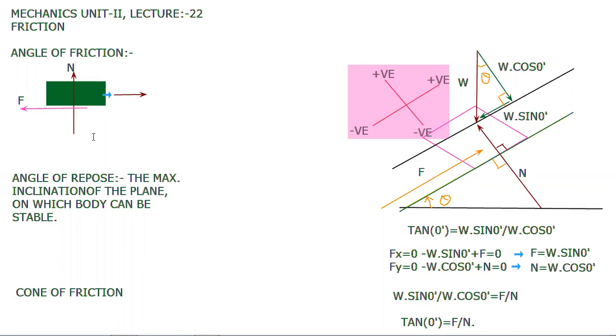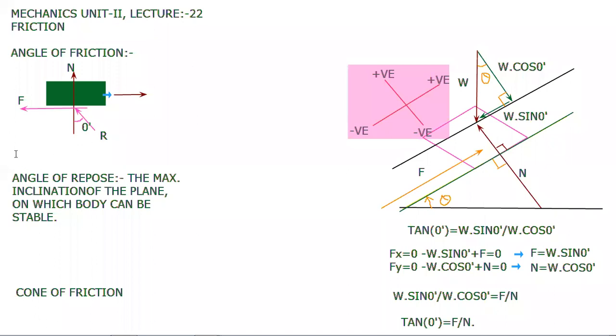So this F and N will have a resultant R directed in this direction, and the angle made by this resultant with the normal reaction is the angle of friction.